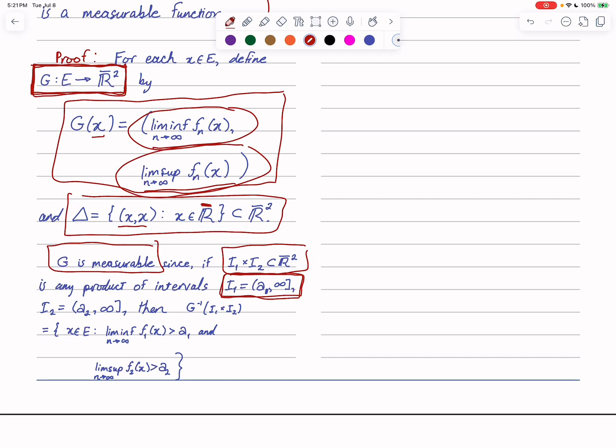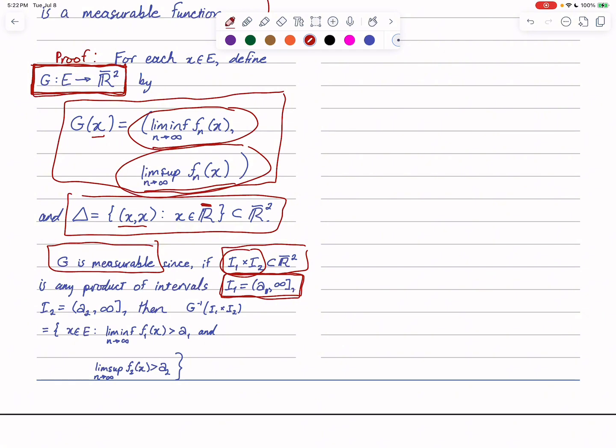In fact, the collection of all the products of such intervals, so we're going to take all Cartesian products of such intervals. That's going to be the collection that generates the sigma field. I'll leave it to the viewer to prove that it generates this sigma field. I haven't proved it to myself, but I don't think it should be too hard. Anyway, if anyone wants to see the proof, let me know, and I can make a new video for that. In any case, that's what we're going to take to be the generator.